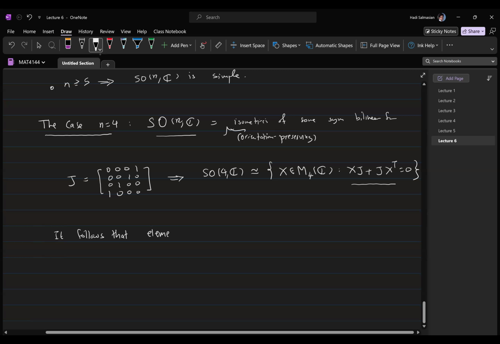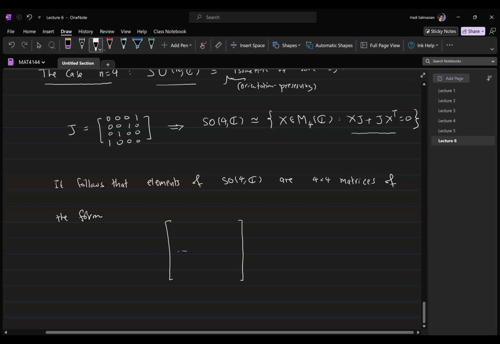Elements of SO4C are 4x4 matrices in block form like this, where here you have X, 0 A minus A 0, 0 B minus B 0, and minus X transpose, where X is just an arbitrary 2x2 matrix.